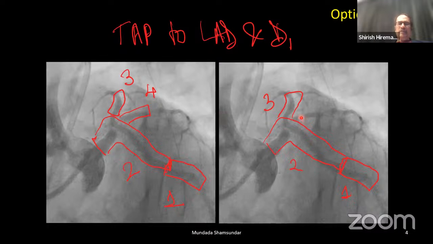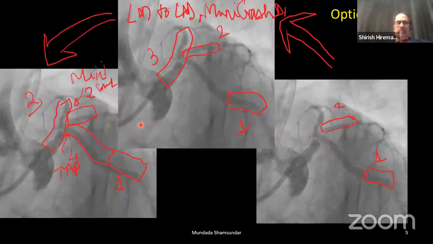My own feeling was this is the supply area, the papillary muscle, and mitral regurg was based on this. So I thought the dilatation to the origin of the diagonal, let's call it diagonal, but it looks more like ramus, was also very, very crucially important.